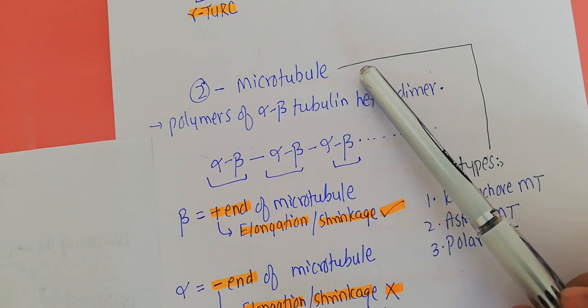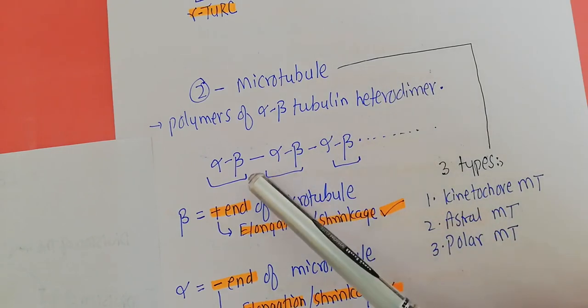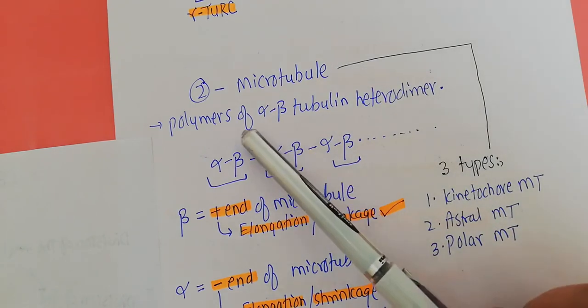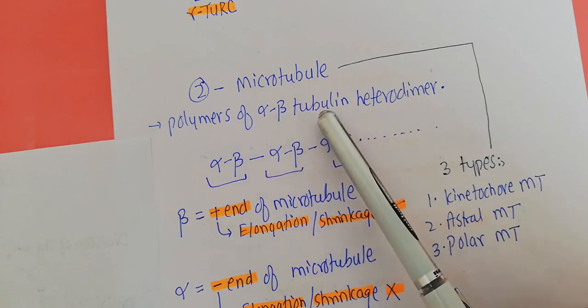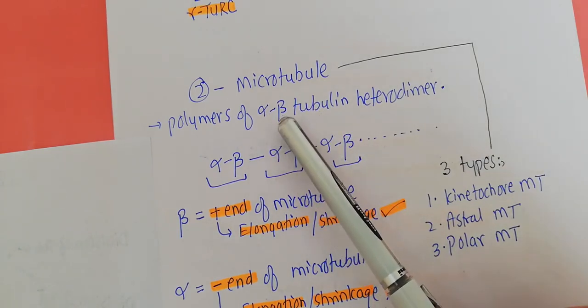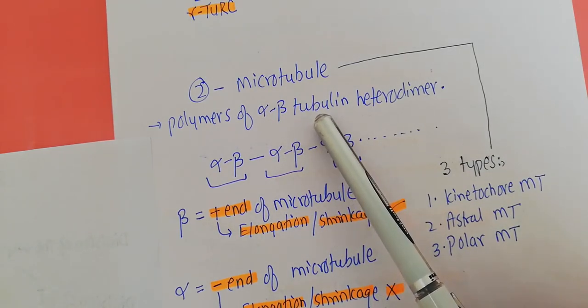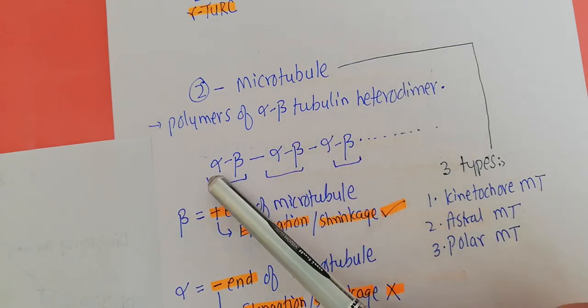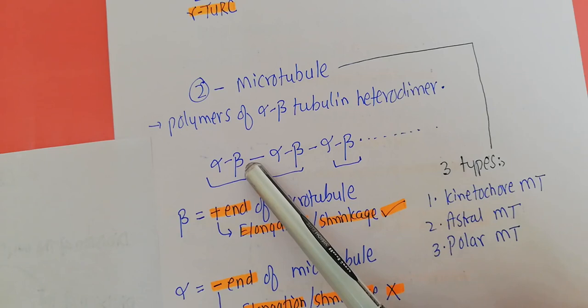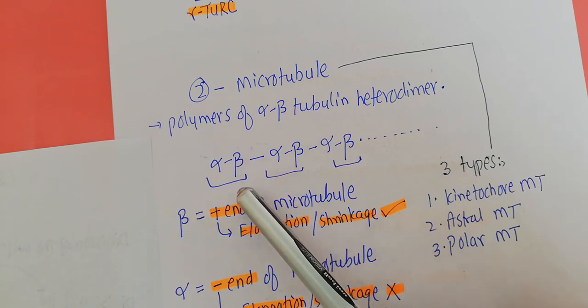Now these microtubules are polymers of two proteins. One is alpha tubulin and the other one is beta tubulin. The alpha and the beta combine with each other, and it gives you a heterodimer.